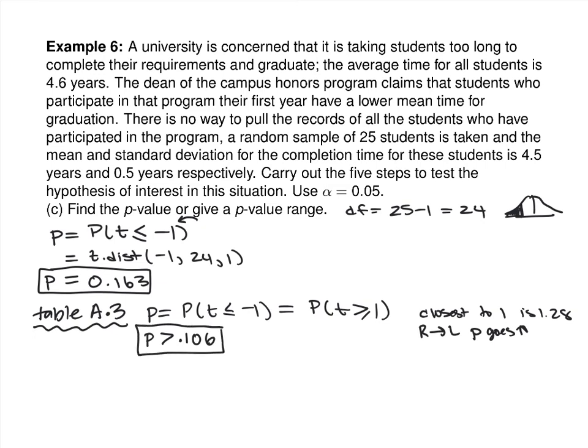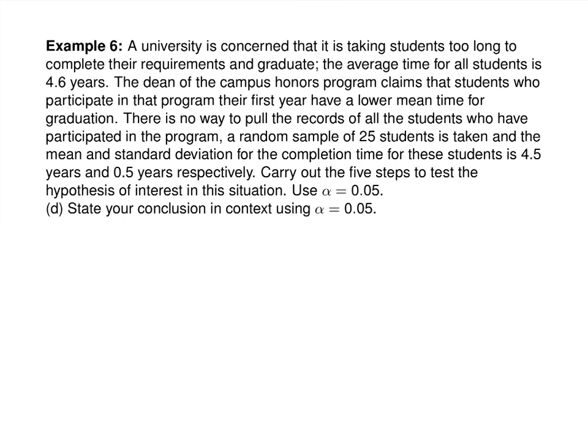That's all the information you could glean from that table, is that your p-value is bigger than this number, and that's good enough to draw a conclusion from. And is that true? Yes, 0.163 is bigger than 0.106. So either way, even if you only had the p bigger than 0.106, that tells you that your p-value is not less than 0.05.